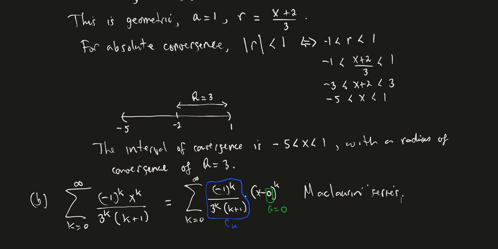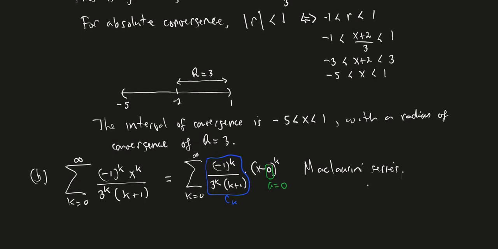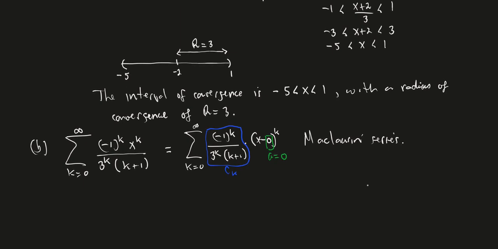No. All right. So this one definitely isn't geometric, because if you look at the coefficients, you can see that yes, you have this to the power k, this to the power k, but then you're multiplying the 3 to the k by a factor of k plus 1. So unfortunately, this is not geometric. Well, what can we do?